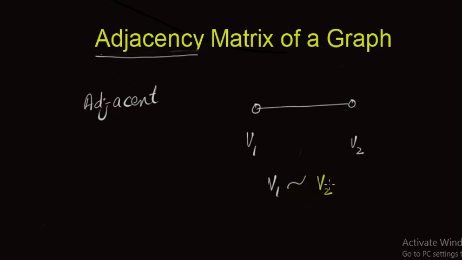If there is no edge between v1 and v2, then v1 and v2 are not adjacent.